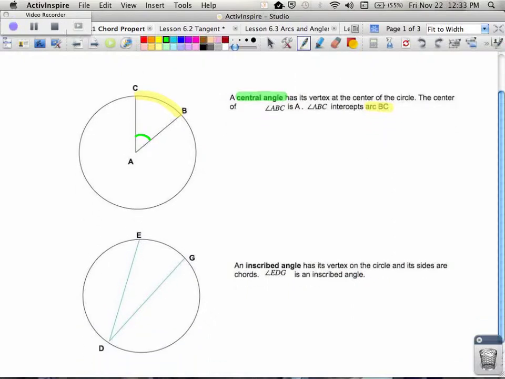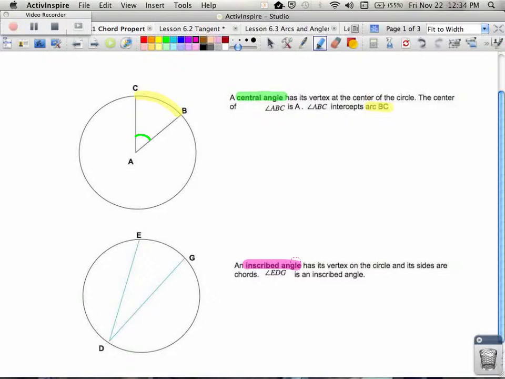Also, in the second picture, we have something called an inscribed angle. It is a little bit different than a central angle, as it has its vertex on the circle, not at the center, but on the circle, and its sides are two chords, meaning that they are segments that connect one part of the circle to the other.